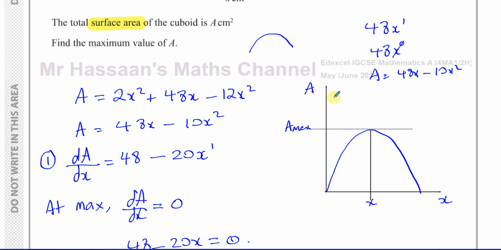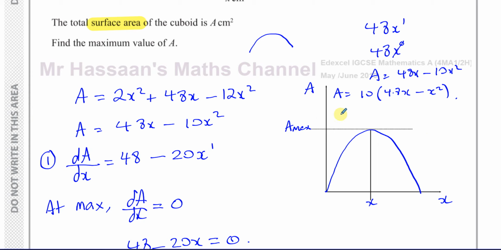We have to first of all express it as 1x squared. So we're going to take 10 out of this, and we'll have inside 4.8x minus x squared.